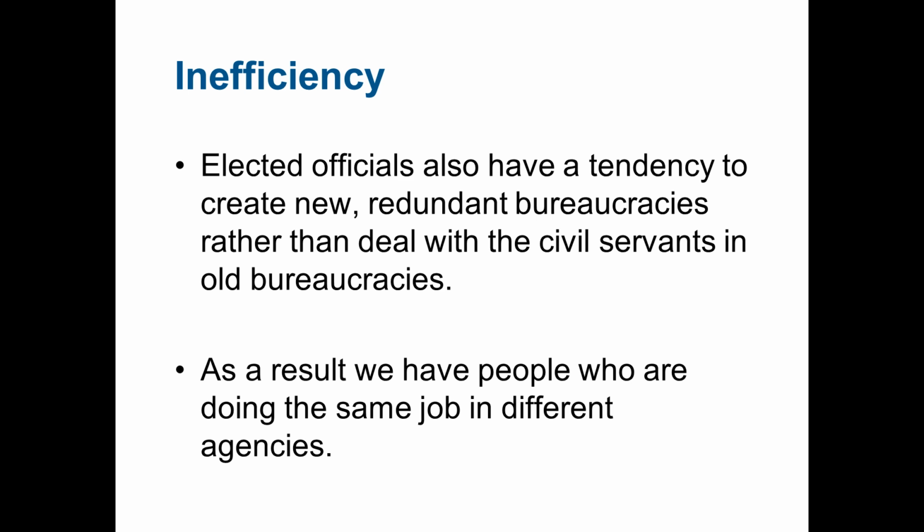So this has the effect of making people jump through more than one hoop to get something done. And so the bureaucracy can be inefficient, but it's not just human frailty that leads to it. It's the structure of what's going on, and oftentimes unintended consequences of what Congress does and what they task the bureaucracy with doing.